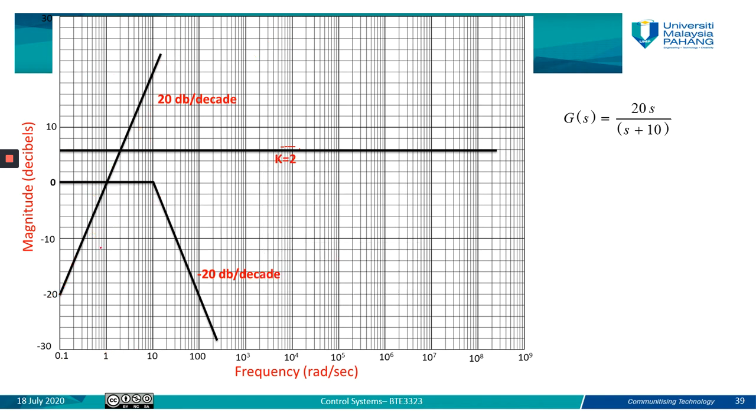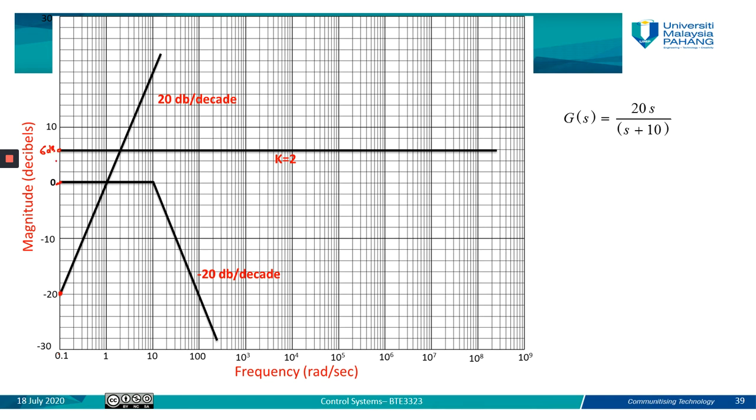Okay, so if we want to combine all these three plots into one plot, we are going to add point by point. So at the point of point 1 here, we have negative 20 dB for the first line. This one is 0 dB. That one is 6 dB for the gain.